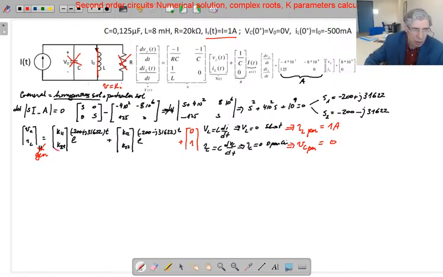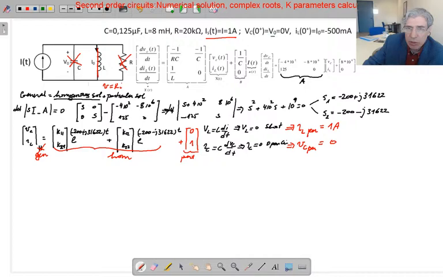This part is homogeneous part, and this part is particular solution. Add them up, find the general solution. So we finished now, except these parameters. How are we going to calculate these parameters? We already said that we are going to use initial conditions.